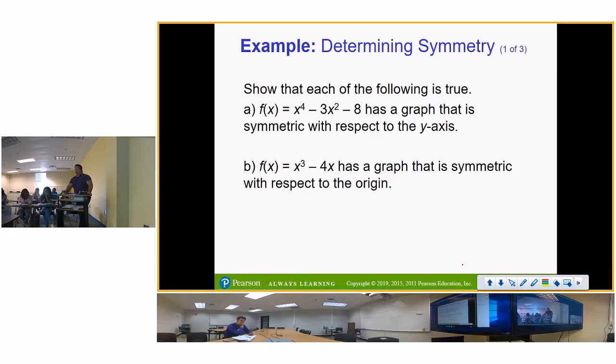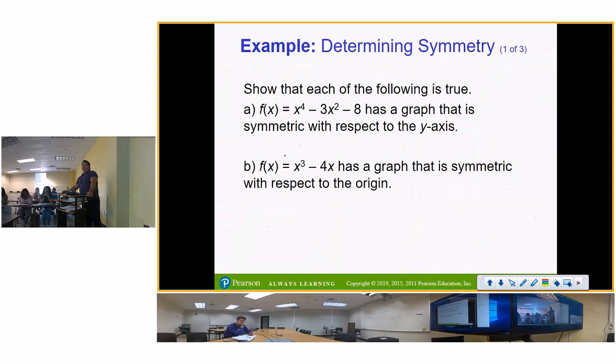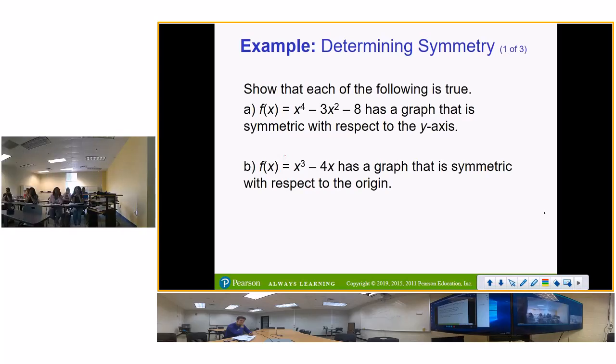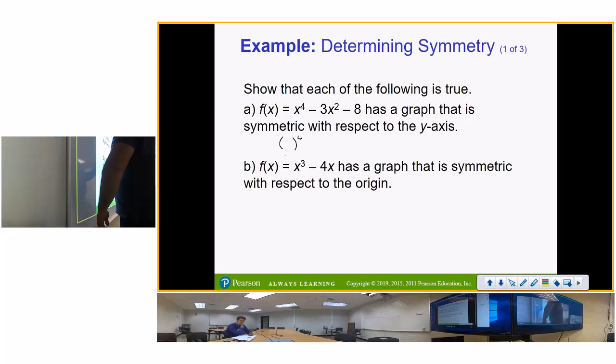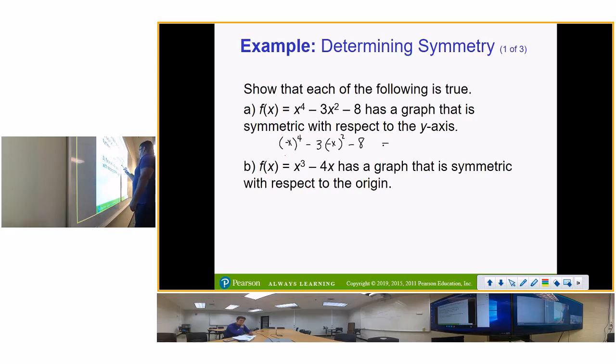There we go. So, if I take my function, x to the fourth minus 3 times x squared minus 8, and I plug in a negative x, what do we get? Well, what is negative x to the fourth? You get a positive x to the fourth, right?